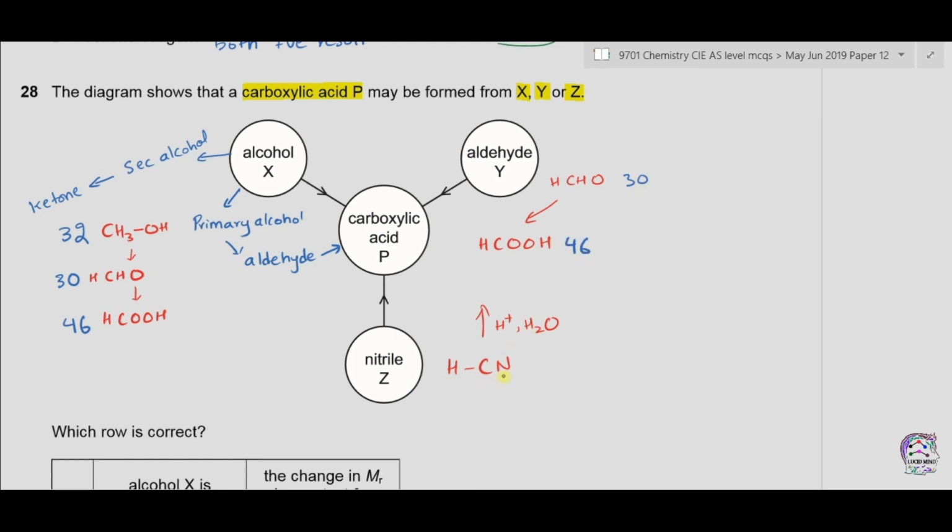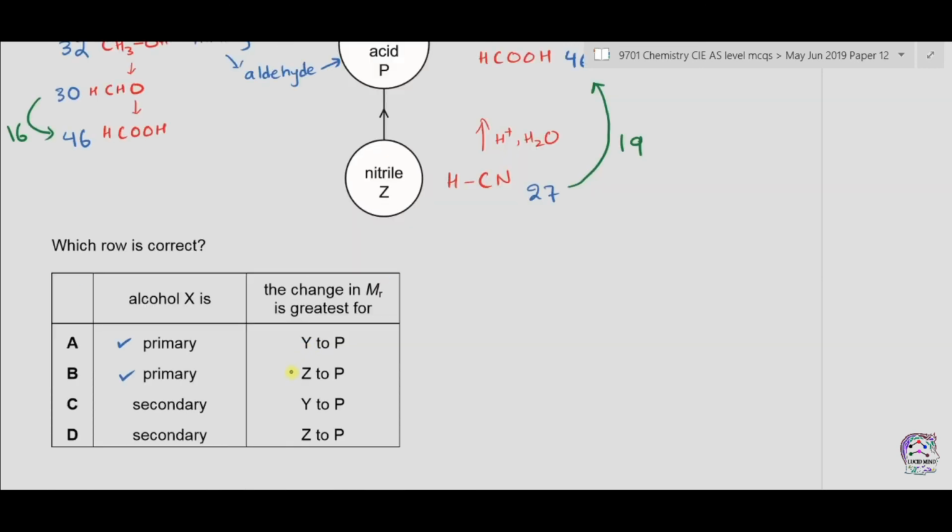For nitrile we have 27. Now we can see that the change from aldehyde to carboxylic acid is 16, and from nitrile to carboxylic acid is 19. So therefore the greatest change is from nitrile to carboxylic acid, or Z to P. So the correct option is B.